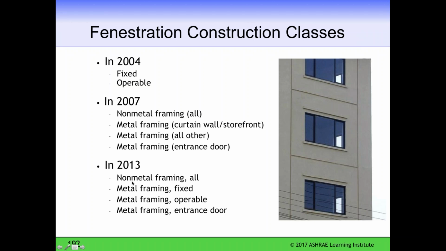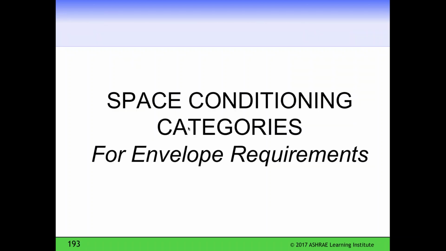And then in 2013, I think the types of construction classes was refined a bit, and you have non-metal framing all, that would be wood or vinyl, or some other type that's non-metal, metal framing fixed, metal framing operable, metal framing entrance doors. So these are the four construction classes for windows.